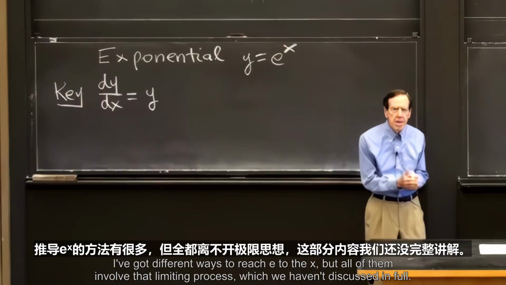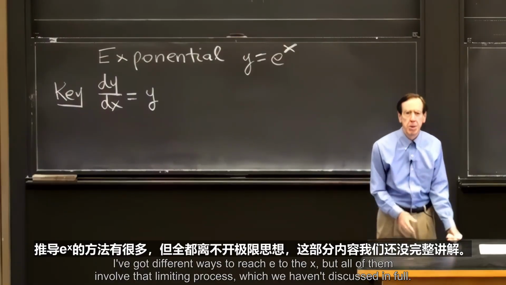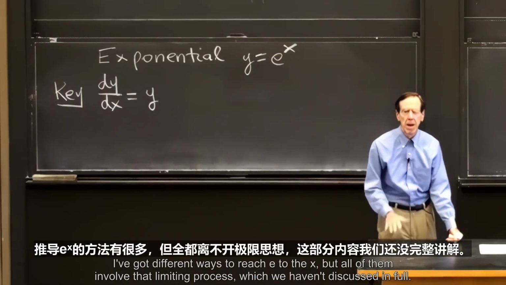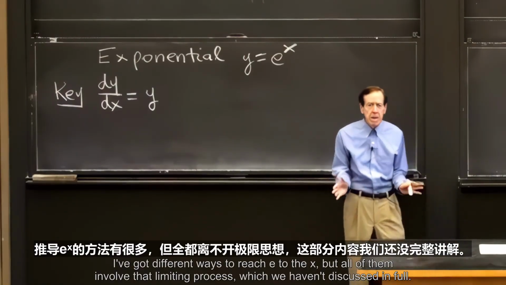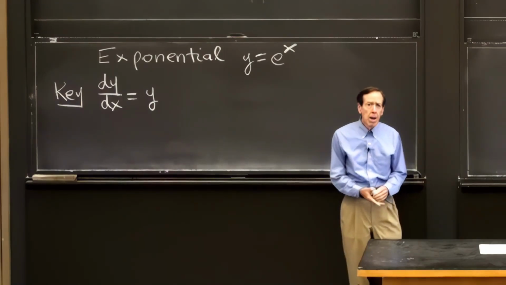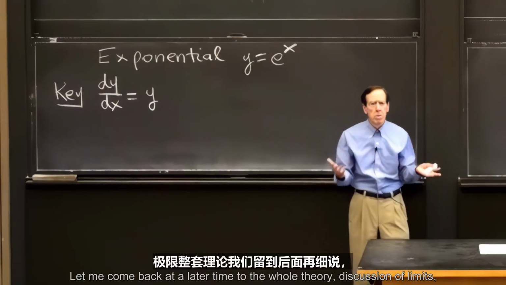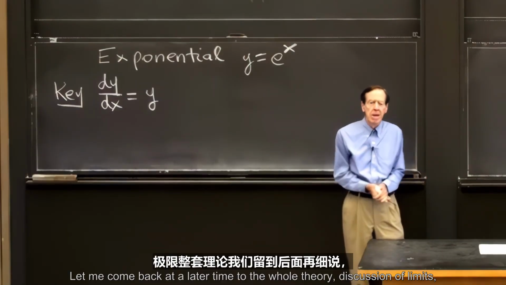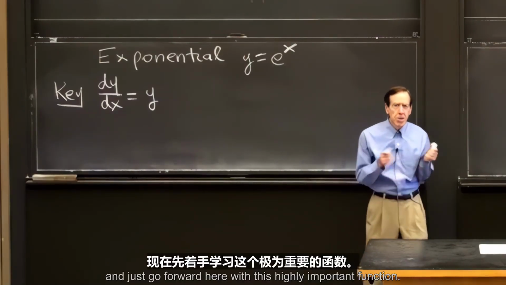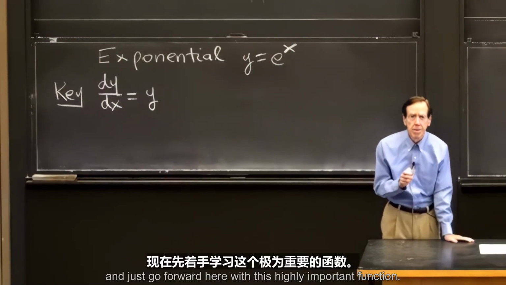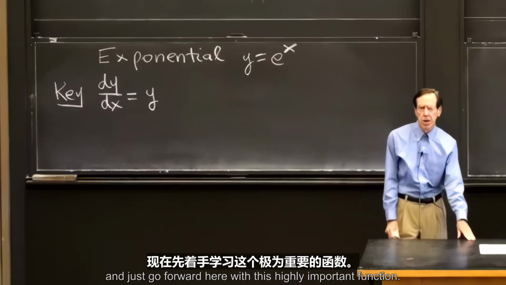I've got different ways to reach e to the x, but all of them involve that limiting process, which we haven't discussed in full. Let me come back at a later time to the whole theory, discussion of limits, and just go forward here with this highly important function.